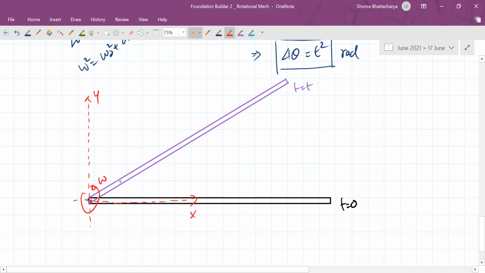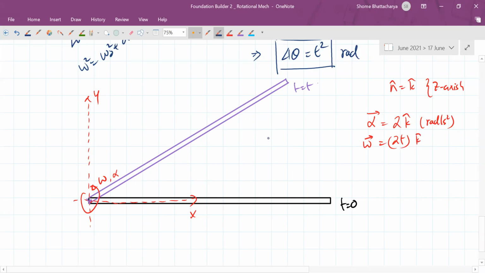So we can see that as angular vectors, alpha will be 2 k cap in radians per second square, because the axis of rotation is k cap, the Z axis, and therefore omega will be 2t k cap. So it started at t equal to 0 with initial angular speed equal to 0, but at some time t the angular speed is 2t.